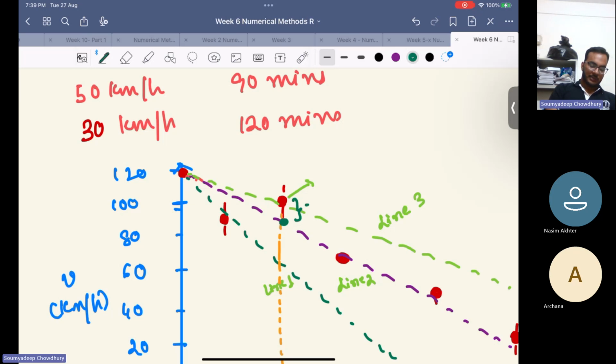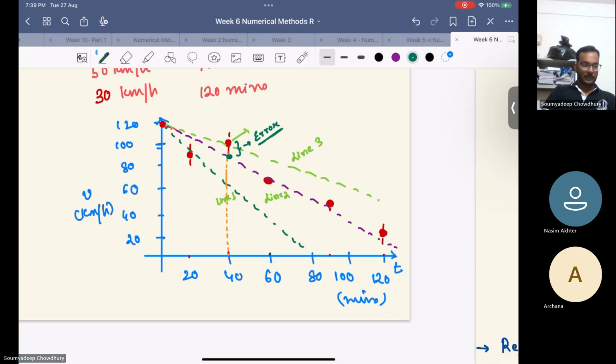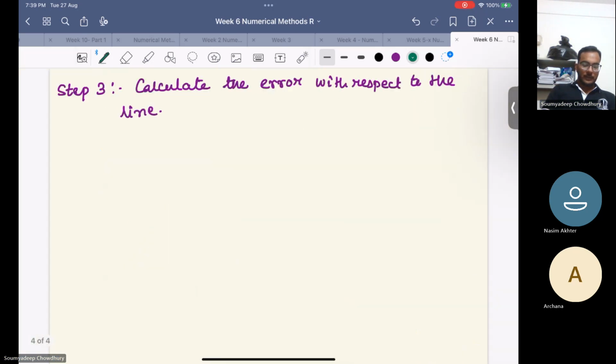This one is the error: the absolute difference between the true value and the predicted value. Similarly, you can calculate the error for every point. So how will you calculate the error?